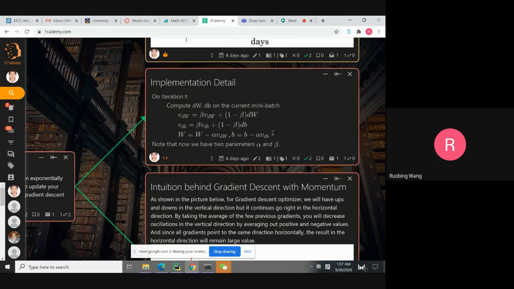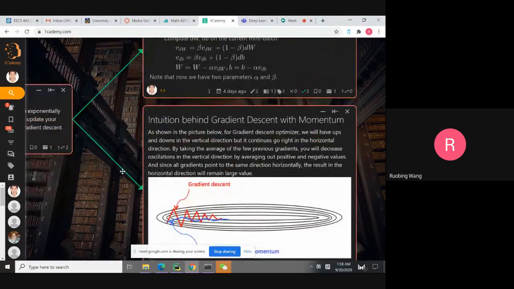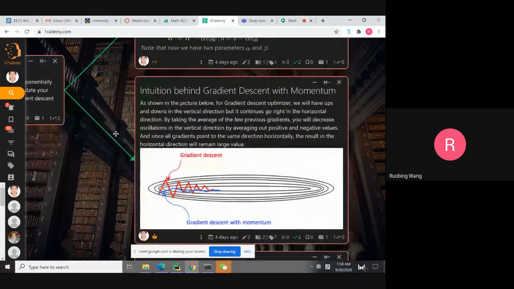And these two are actually just the exponentially weighted average of your gradient, like in the first and the second equation. So now we will have two parameters. One is alpha, the learning rate, and another is beta, just as I mentioned before, in the exponentially weighted average part.